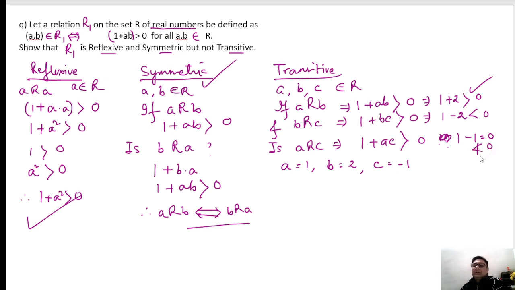That means the transitive condition is not followed here. We have to choose any number, positive, negative, fractions, anything, because A, B, C should be from the real numbers. See, here it is given from the real numbers. So transitive is valid for the positive numbers, but not for the negative numbers. Clear?